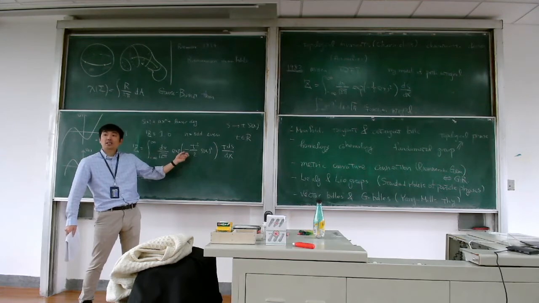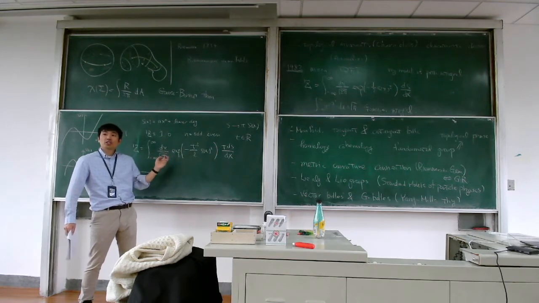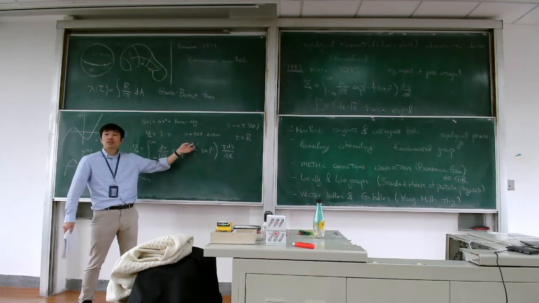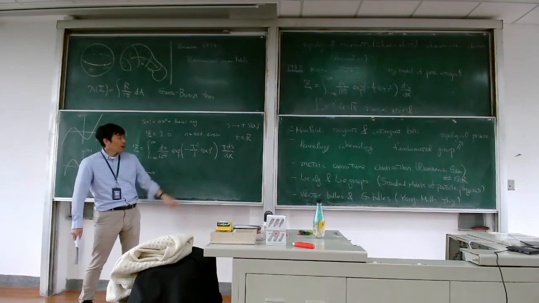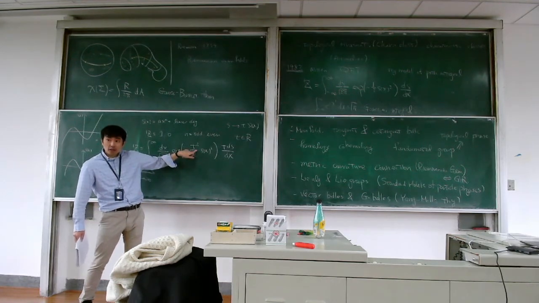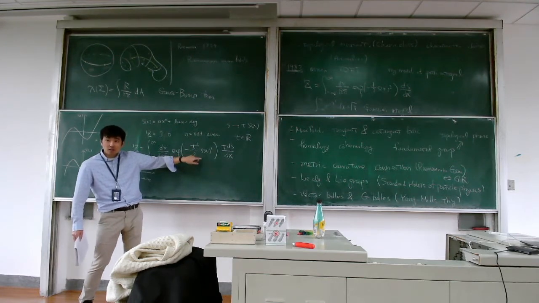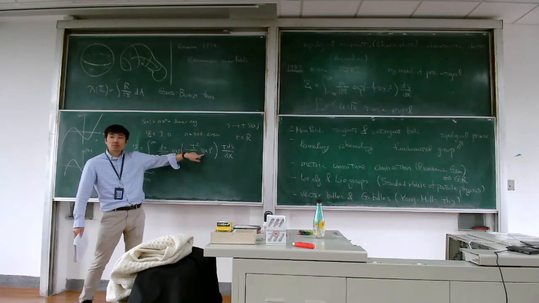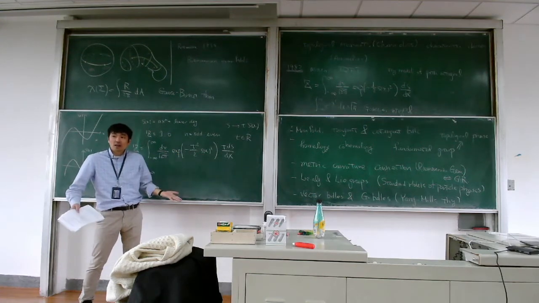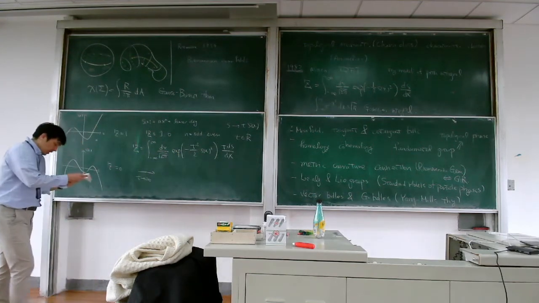Since there's a minus sign, it goes to 0. Exponential of minus infinity is 0, right? So the only contribution you get is where s of x is 0. If s of x is 0, exponential of minus t times 0 is just 1.